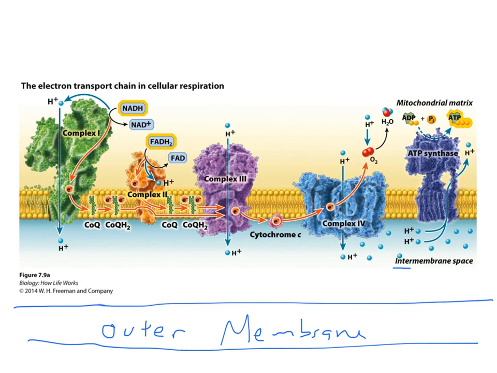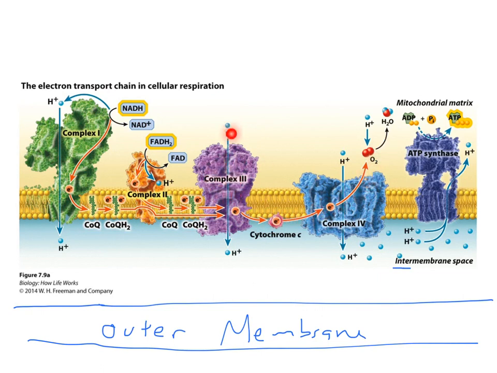FADH2, its electrons enter at complex 2. So the electrons from FADH2 are deposited at complex 2. Complex 2 deposits those electrons onto coenzyme Q to make coenzyme QH2. Those electrons then follow the same path that we just went through.